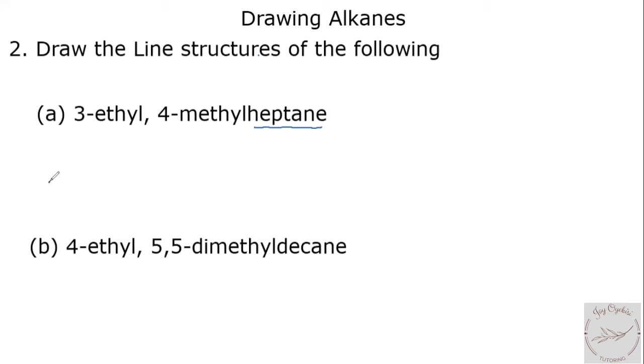And now your dot is part of your carbon. That is your carbon 1. Okay? So you start to say 1, 2, 3, 4, 5, 6, and 7. So now that we have our 7 carbons, you can confirm this is 1, 2, 3, 4, 5, 6, 7. So now you have your 7 carbons in a line form.